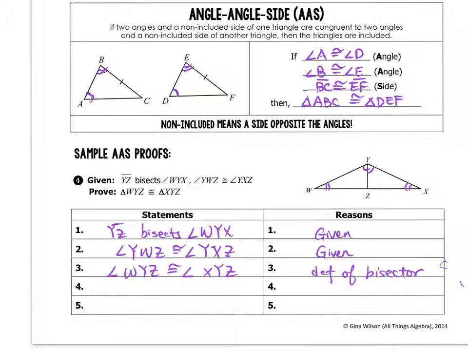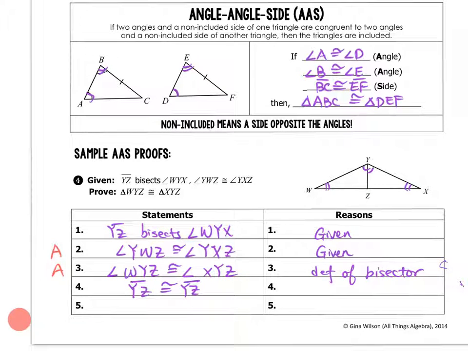And we also know, so look here, I've got one pair of angles being congruent. I have a second pair of angles being congruent. And so I just need to look for a side. That side is YZ, which is congruent to YZ. If you look in the triangle, right? So let's see if I can get a little highlighter here.